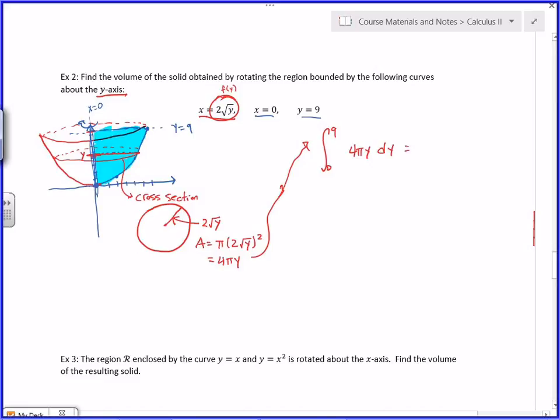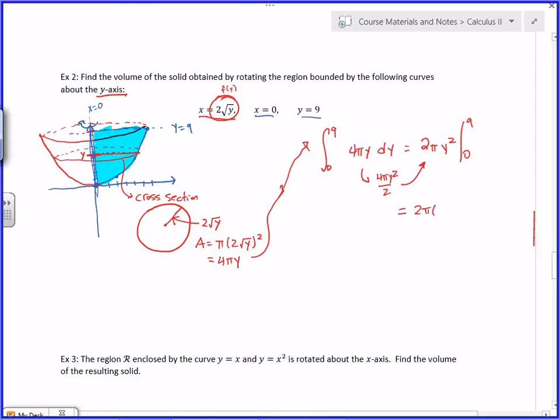Okay, so what's the integral of 4 pi y? The constant sticks around. y squared over 2, so I could actually just write that as 2 pi y squared. Or I'm going to do it the long way: 4 pi y squared over 2 becomes 2 pi y squared. And then plug in 0 to 9.